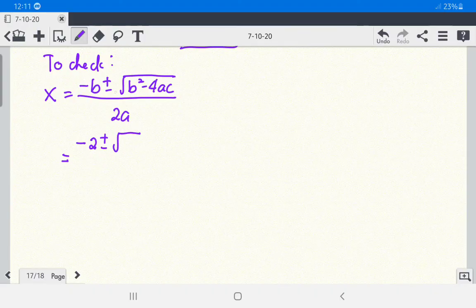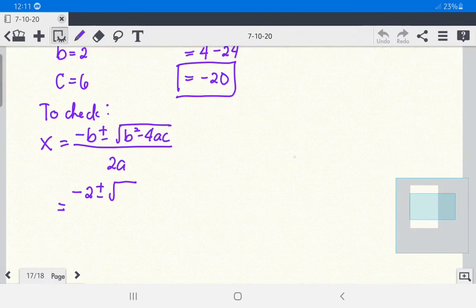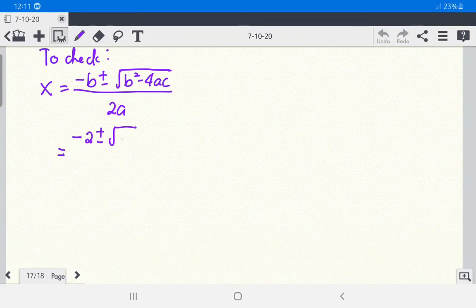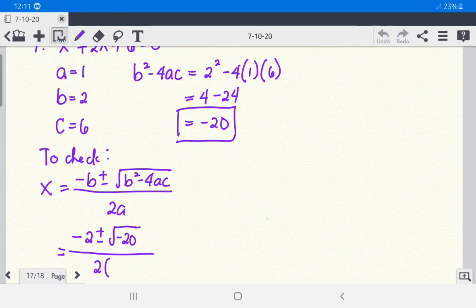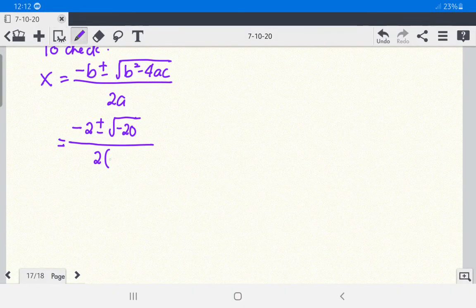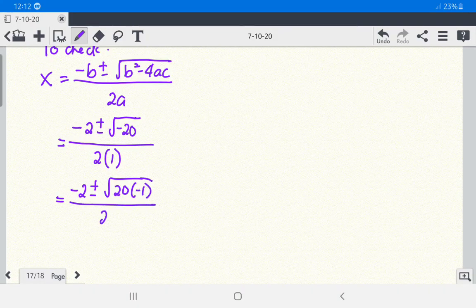Then, plus or minus square root of our discriminant, which is negative 20, right? So, let us write it here inside the radical. Negative 20 over 2 times the value of a, which is 1. Then we have negative 2 plus or minus square root of negative 20. Notice that the radicand is negative 20, so if we factor it, we have 20 times negative 1 over 2 times 1, which is 2.